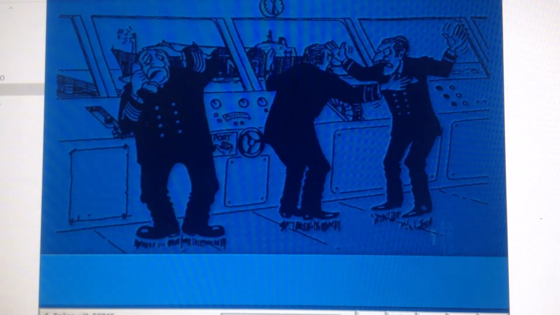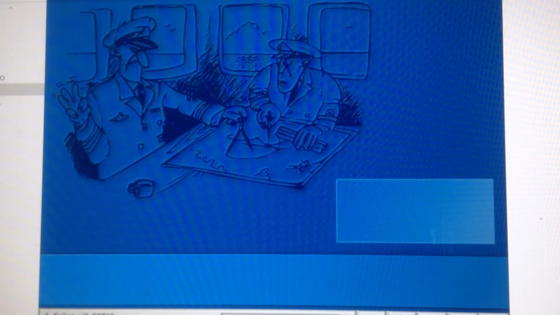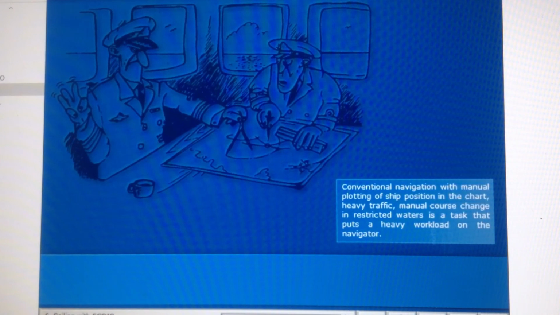Navigation with an ECDIS system, especially when the ECDIS is connected to an integrated bridge system, changes the work situation for the navigator a lot. Conventional navigation with manual plotting of ship position in the chart, heavy traffic, and manual course change in restricted waters is a task that puts a heavy workload on the navigator.